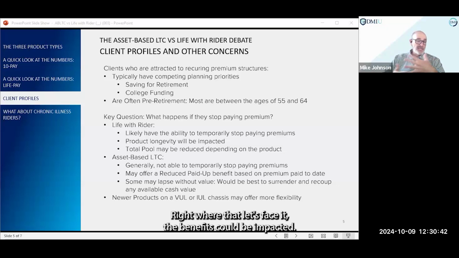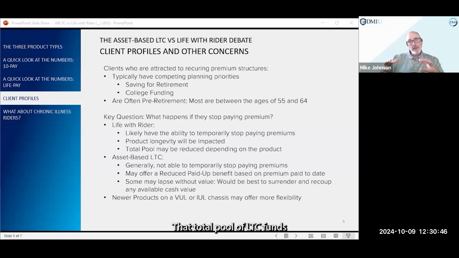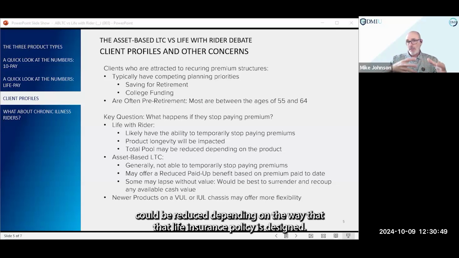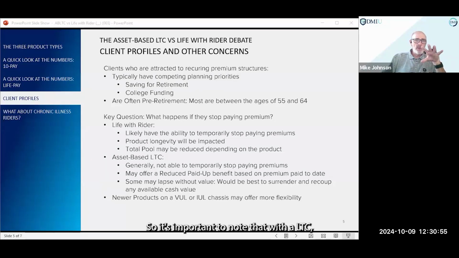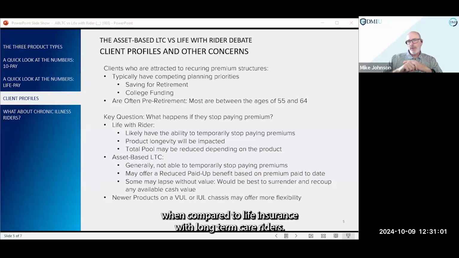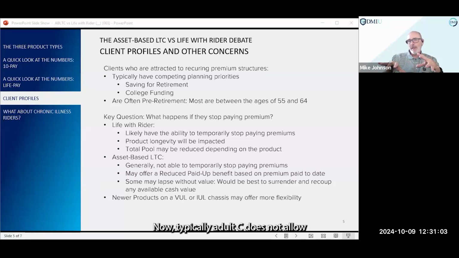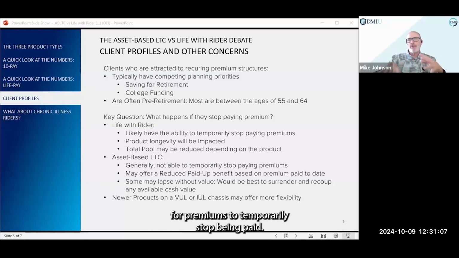Where, let's face it, the benefits could be impacted. That total pool of LTC funds could be reduced depending on the way that life insurance policy is designed. So it's important to note that with ABLTC, there's going to be fewer options when compared to life insurance with long-term care riders. Now, typically, ABLTC does not allow for premiums to temporarily stop being paid.